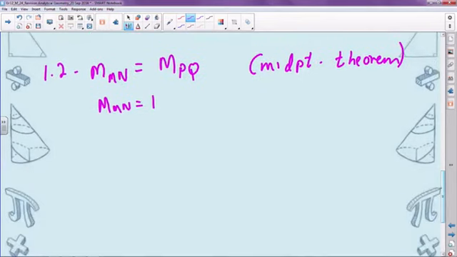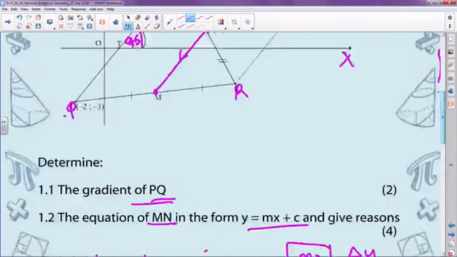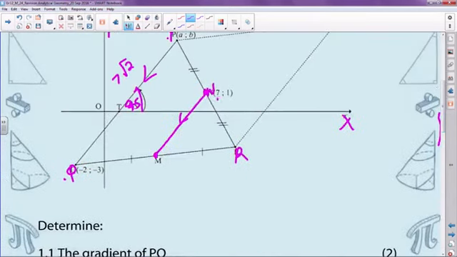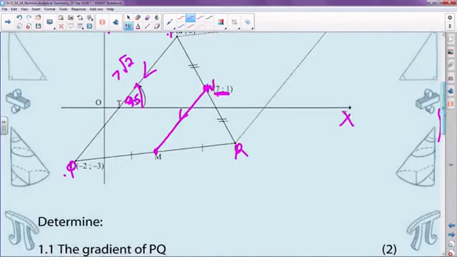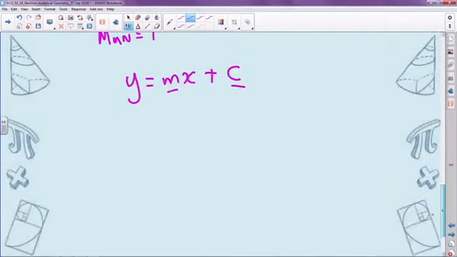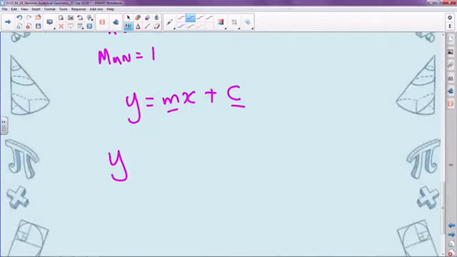Now, in order to complete your equation of a straight line in standard form, yes, we've got the gradient, but we still need the value of c. There's two different ways you can do it. You can substitute the values for x and y given at the point N and then work out the value of c, or you can use the gradient-point form of a straight line, which you've been using, but maybe you haven't recalled that that's what its name is.